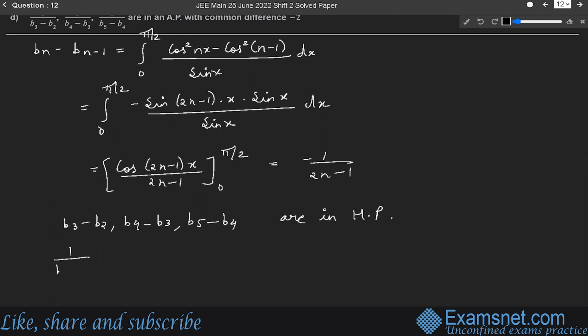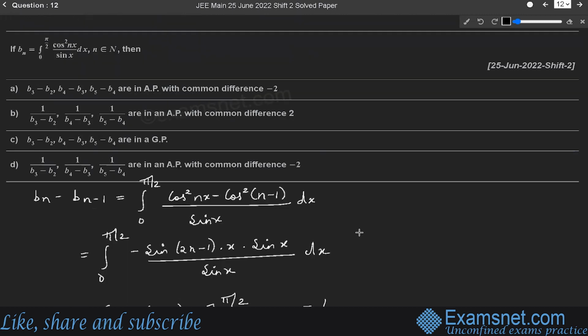So 1 upon B3 minus B2, 1 upon B4 minus B3 and 1 upon B5 minus B4 are in AP. Here the common difference is minus 2. So we can say that the correct option for this question is option number D.